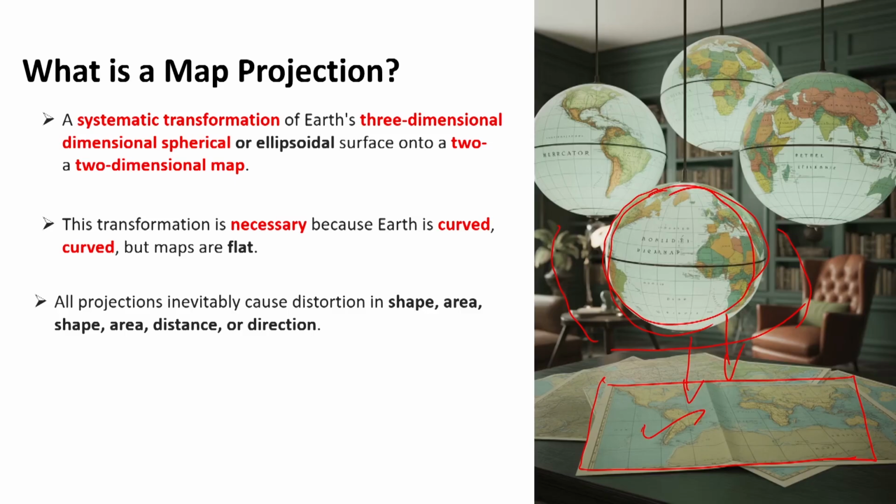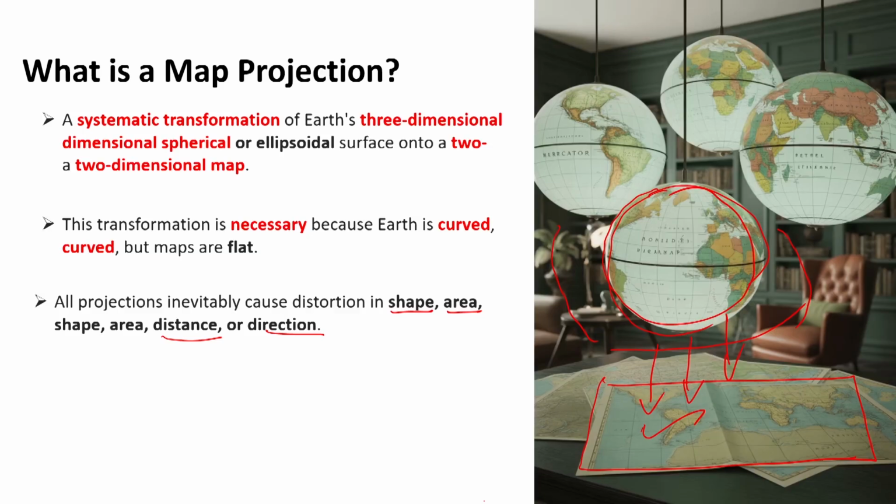If you start pushing it onto a flat surface, there will always be distortion. Distortion in the sense that in terms of shape we may have a distortion, in terms of area we may have a distortion, in terms of distance and direction we may have a distortion. So, though this is a basic understanding of projection, again to make it very simple, we are just converting the earth's 3-dimensional form into a 2-dimensional map.